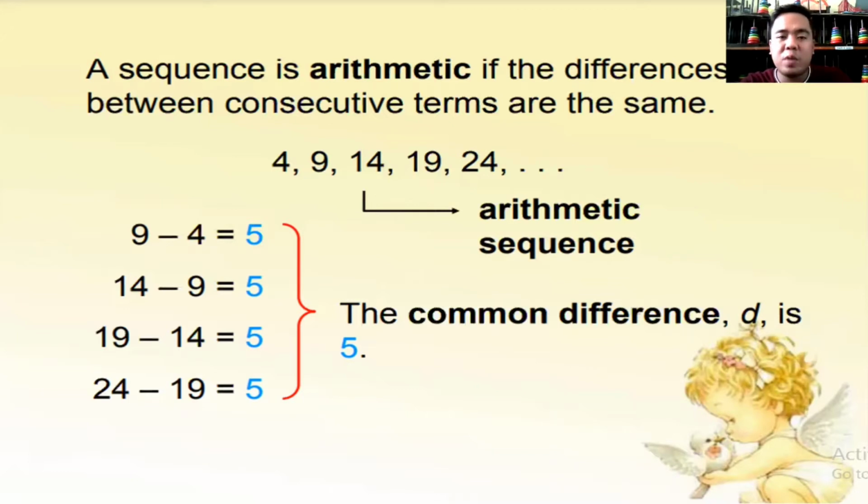So for example, 4, 9, 14, 19, 24, and so on. So that is an arithmetic sequence, kay naa man siya constant number nga gi-add para makuha ang sunod nga mga terms sa sequence. For example, sa 4, unsa may gi-add sa 4 nga himong 9?